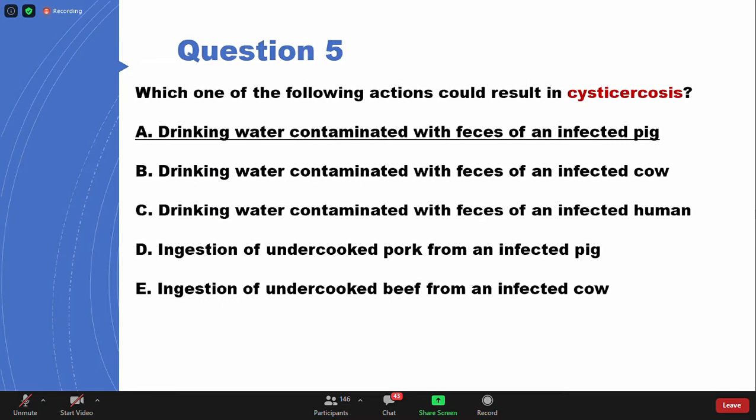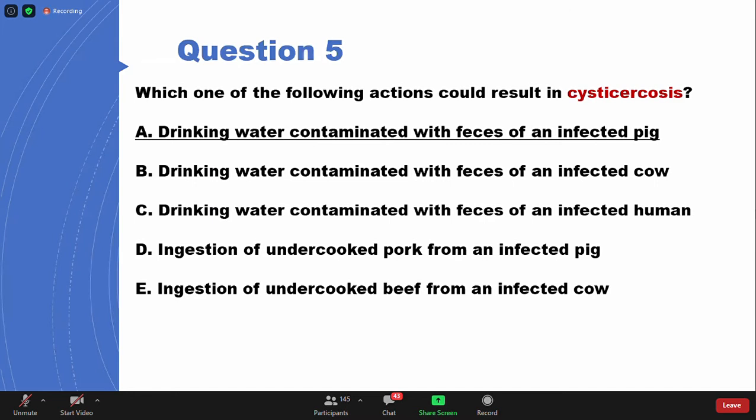I don't know why it's not B, because what I know is that Tanya showed you what it does: once it's inside, it becomes the cirrhosis inside the egg, and once it's infected, that's what causes cysticercosis inside humans. Okay.